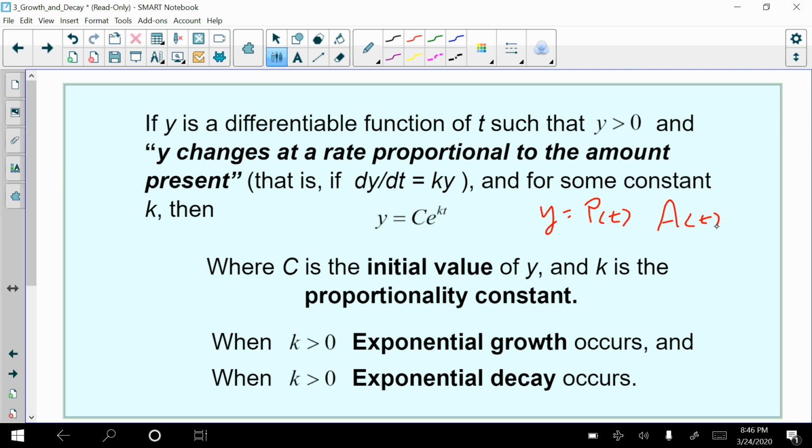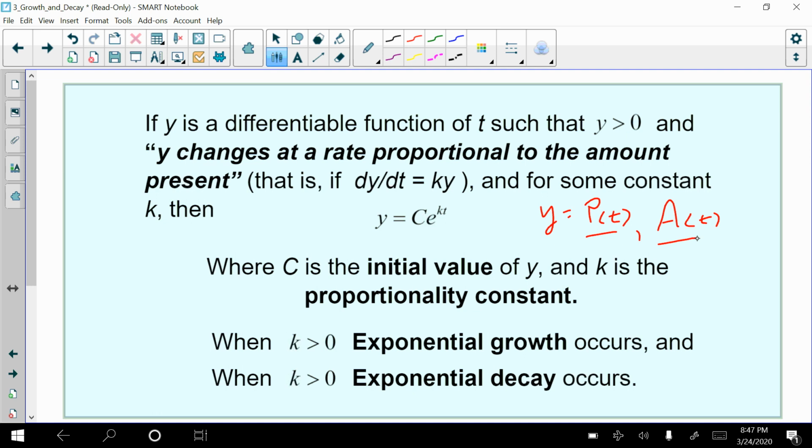But y is just going to be the output, and a lot of times you'll see it put in context where time is your exponent, or your independent variable.